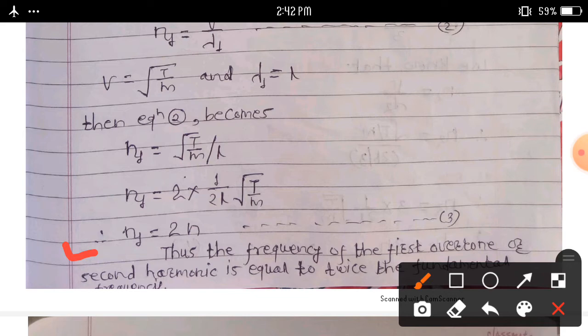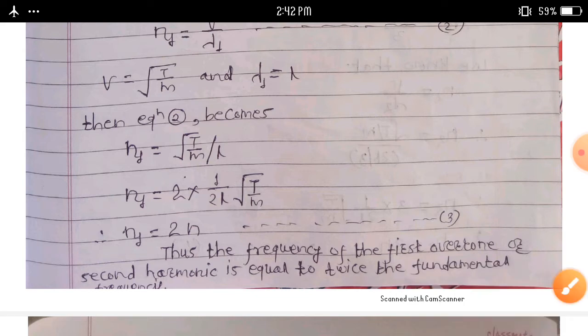Thus the frequency of the first overtone or second harmonic is equal to twice the fundamental frequency.